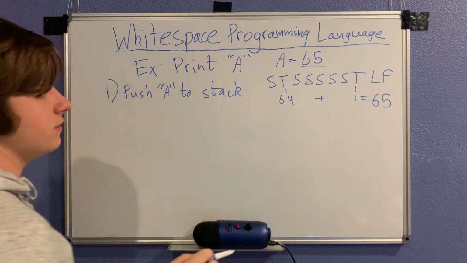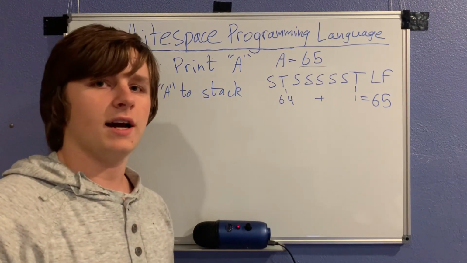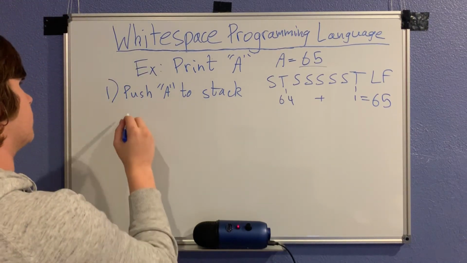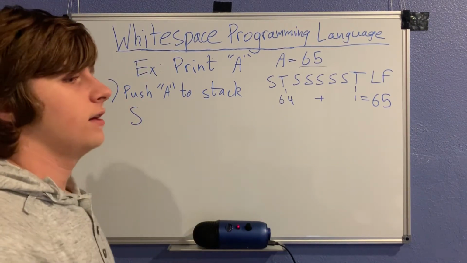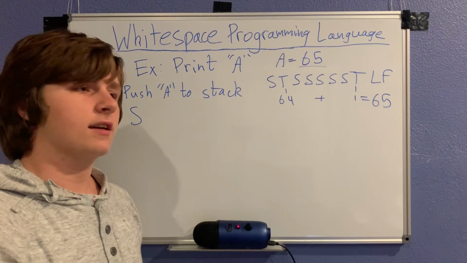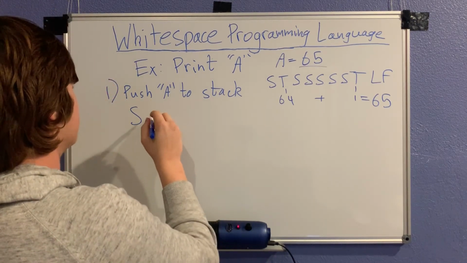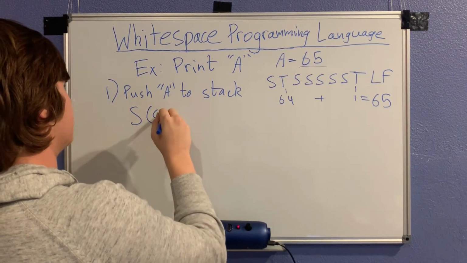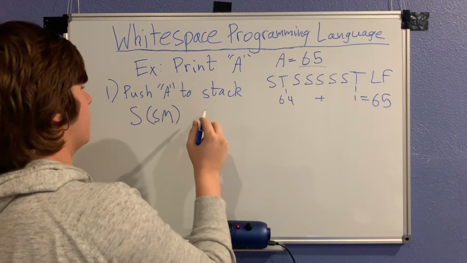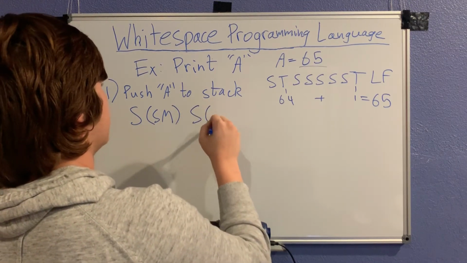The way we do that is we use the stack manipulation IMP. If you remember, that was just a space. And the command for pushing to the stack is just another space. So I'll just say stack manipulation. And then you have another space, and that is the push command.